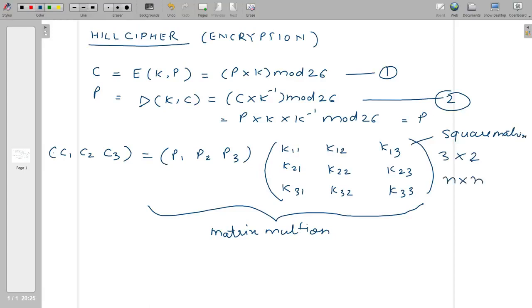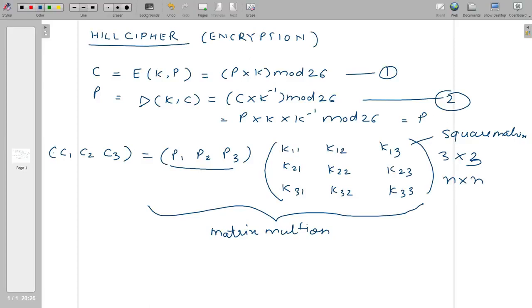It can be any size matrix, but it should always be a square matrix. Since this key is a square matrix of size 3 into 3, we take 3 letters of plaintext. If the key is 2 into 2, then we take 2 letters of plaintext. If the key is 5 into 5, then we will use 5 letters of plaintext. So this is one thing to be noticed.